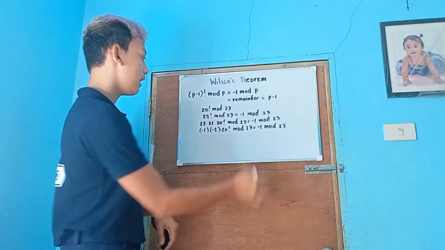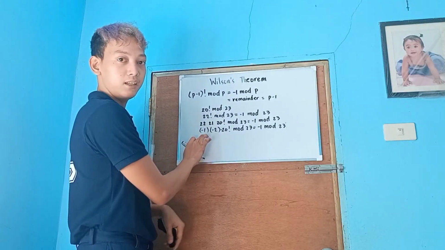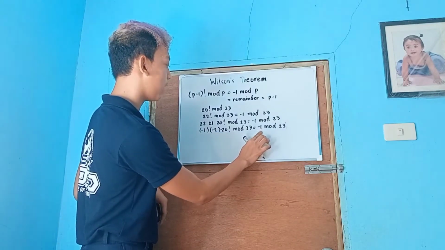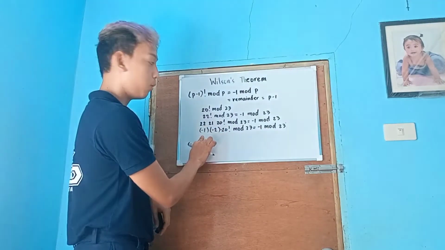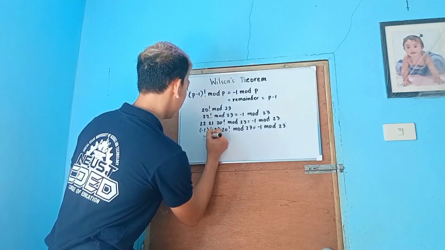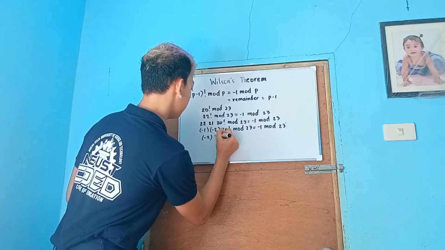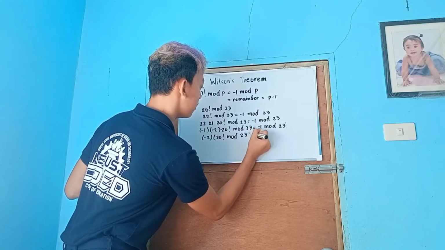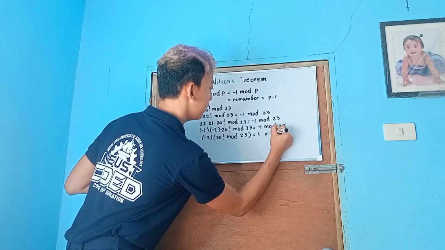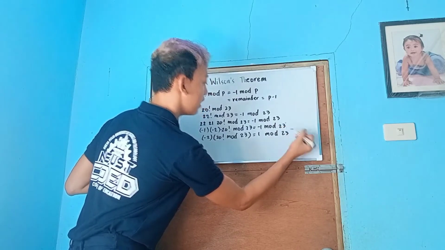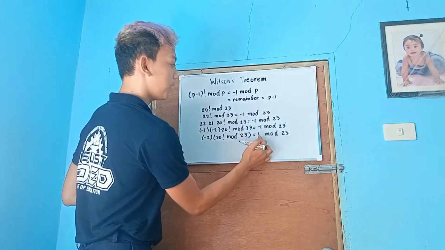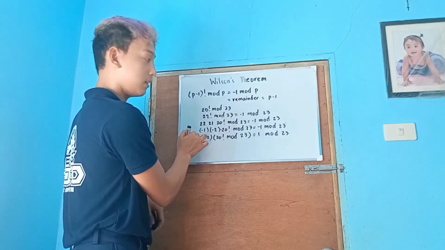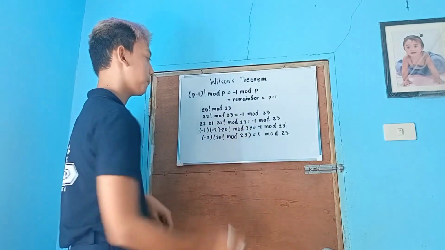So, we can eliminate negative 1 on the left side by dividing negative 1 by negative 1. Then it becomes negative 2 times 20 factorial mod 23 equals 1 mod 23, because negative 1 divided by negative 1 is equal to positive 1.